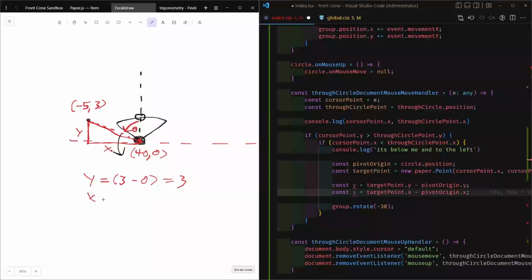The x would equal the target point minus the origin, 40. Obviously this is not really accurate, but anyways, you get the point.